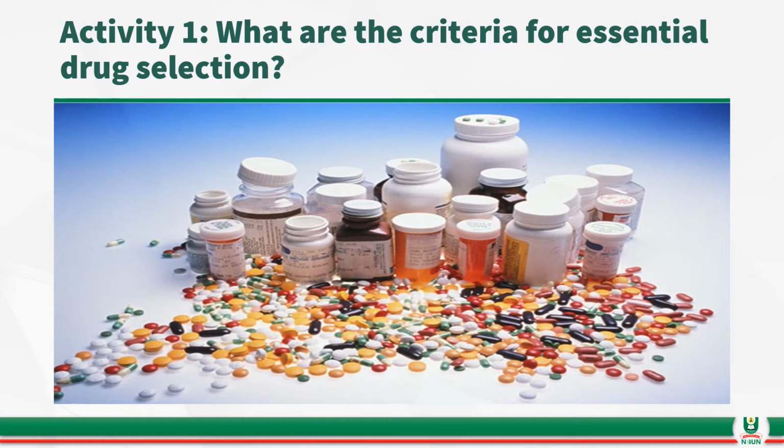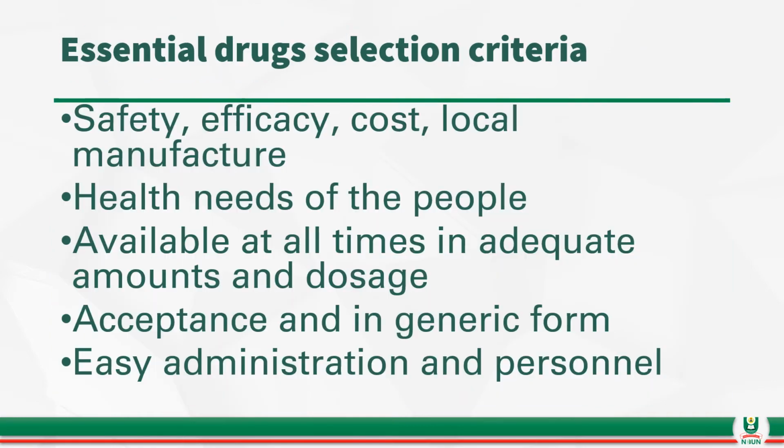So what are the criteria for essential drug selection? What do you look at when you're selecting essential drugs? You must check the safety of such drugs, the efficacy of such drugs.